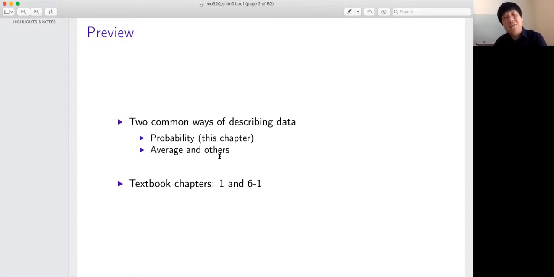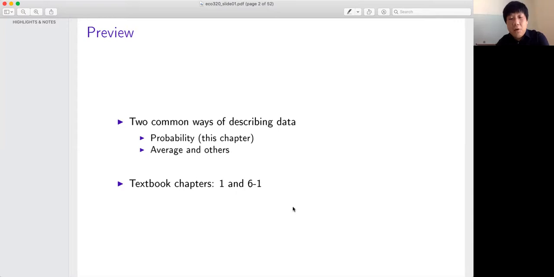Probably you have heard about those terms before or not, but these are what we're going to mainly cover in the next few weeks. First week we'll cover probability, and second week we'll still cover probability, which is conditional probability. Third week we'll cover average and median, and the fourth week we'll cover variance or standard deviation.